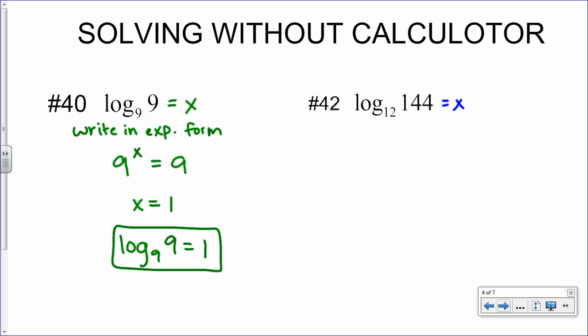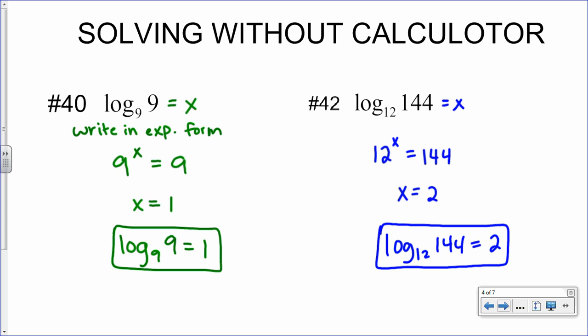Okay, Jacob, if I write this in exponential form, what would that look like? 12. Good. 12 to the x equals 144. So what's my answer, Jacob? X equals 2. Good. So log base 12 of 144 equals 2.